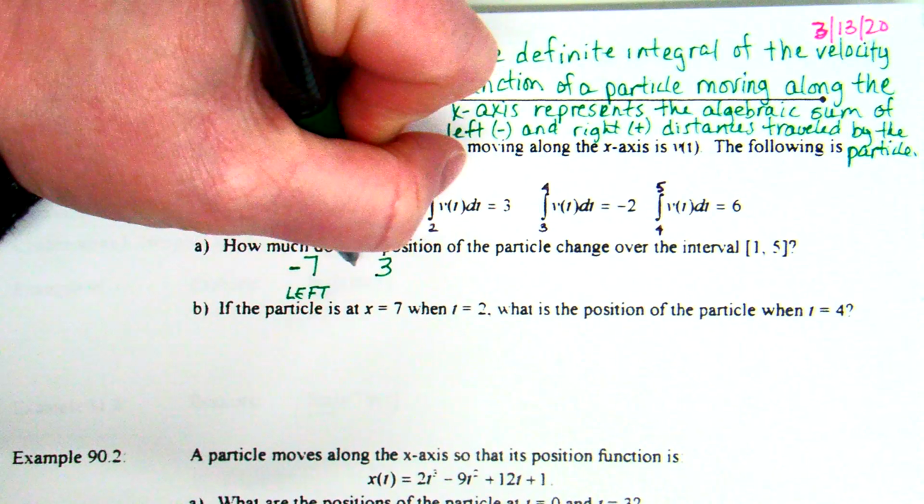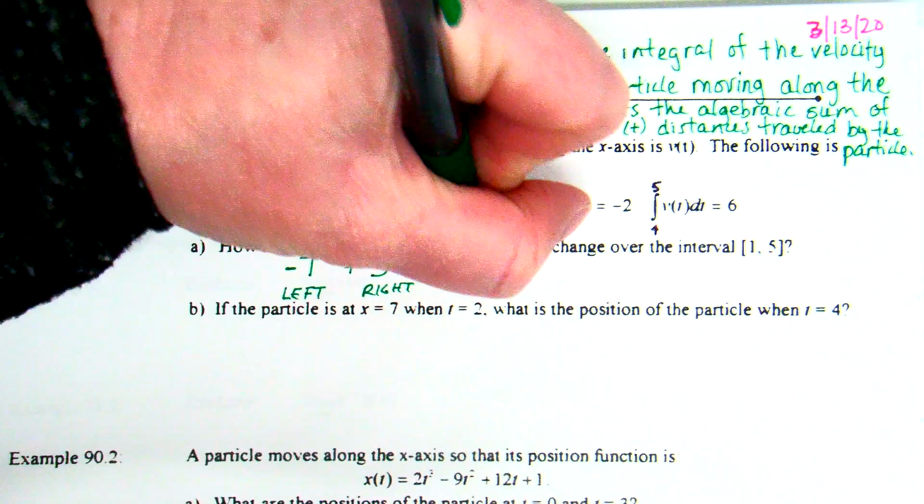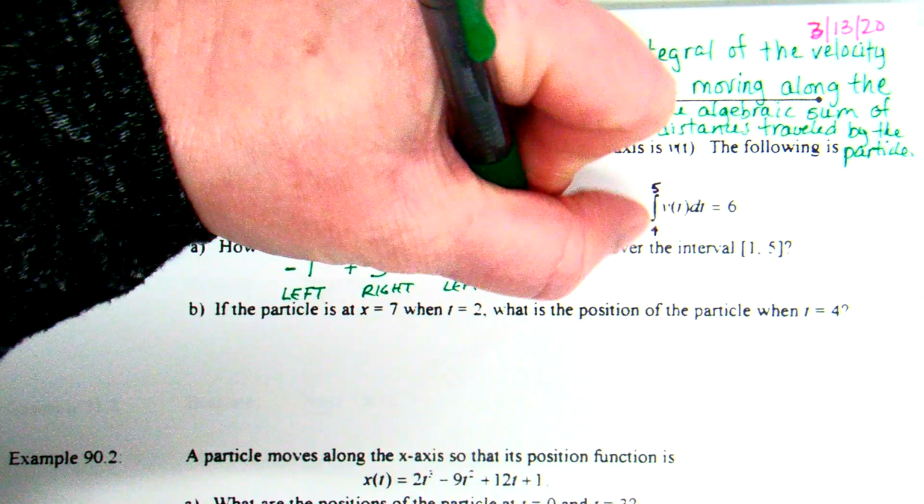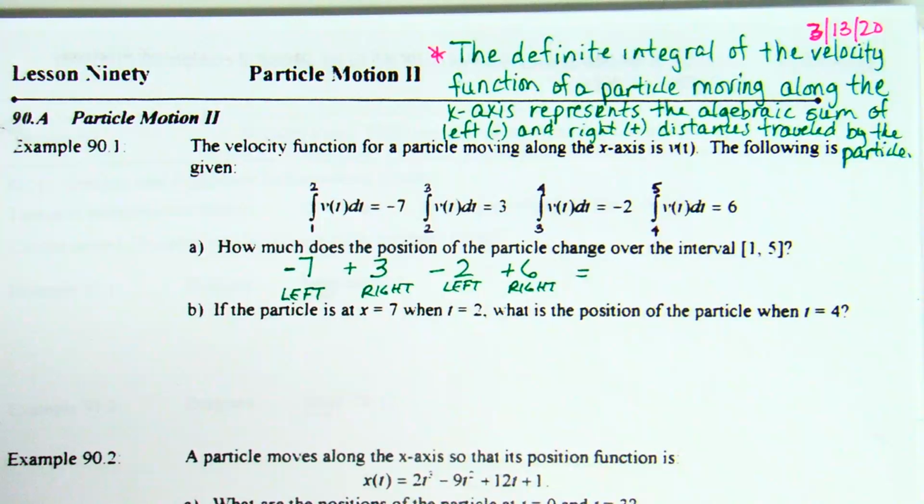Then from 3 to 4, it's left 2, so it's a negative 2. And then from 4 to 5, it's a right 6 because it's a positive 6. So if you move 7 left, then you come back 3 right, but then you go 2 more left, and then you come back 6 right. We end up at 0.